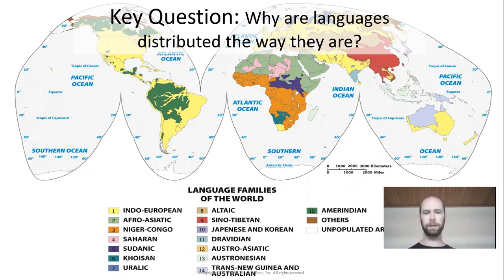Then we have the Sino-Tibetan, which is the red area here, which is mostly just China and stretching up into parts of Mongolia and Russia. And then some other languages like the Amerindian in America and the Niger-Congo in southern and western Africa.